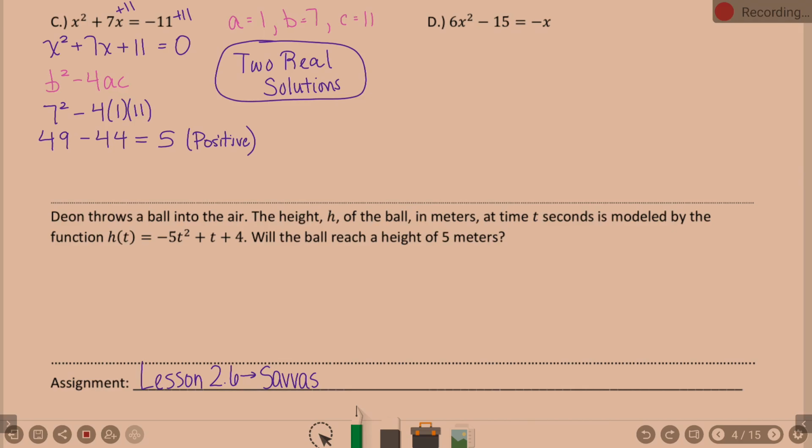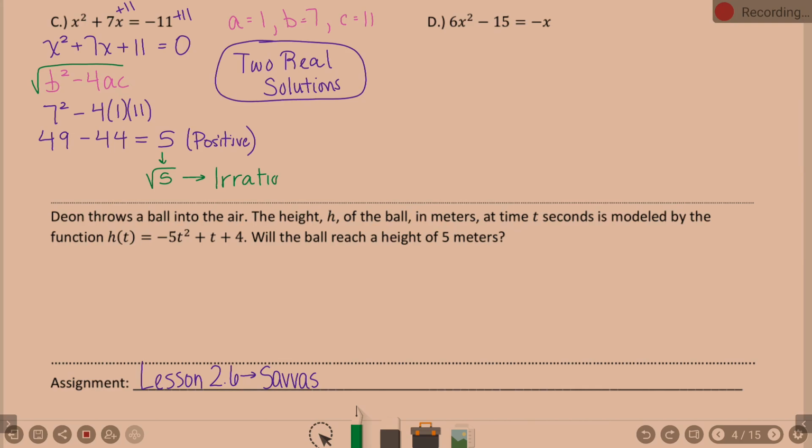What number would be under the square root? In other words, what's normally under the square root? It's the b squared minus 4ac, yes? So this would be the square root of 5. And what do you know about the square root of 5? It's a long, messy decimal. So this is what type of number? Irrational.